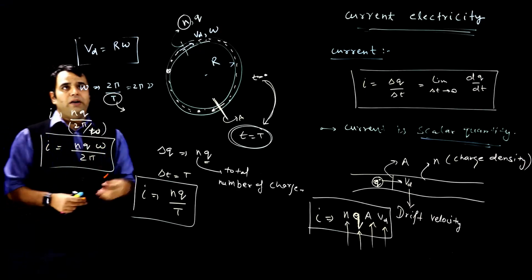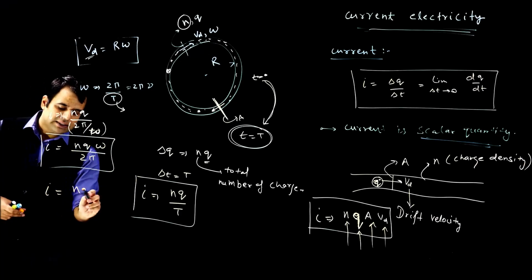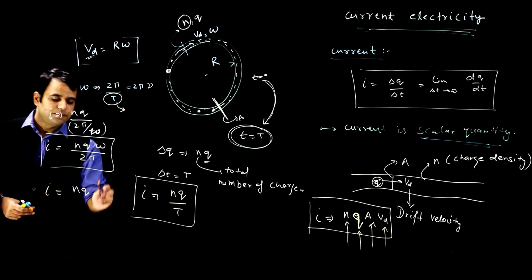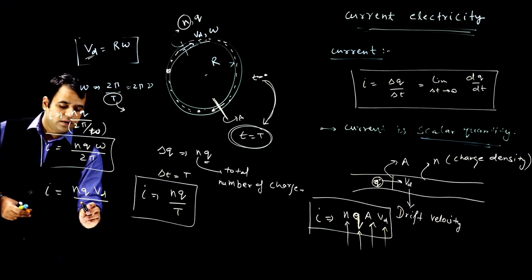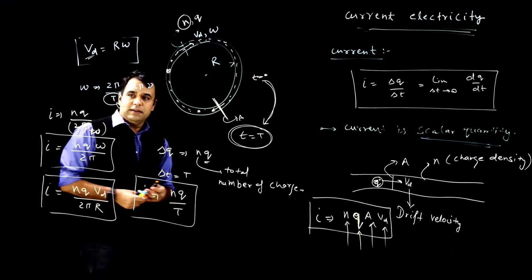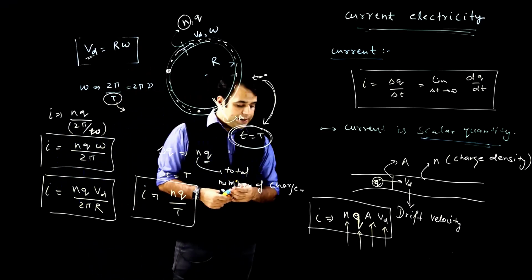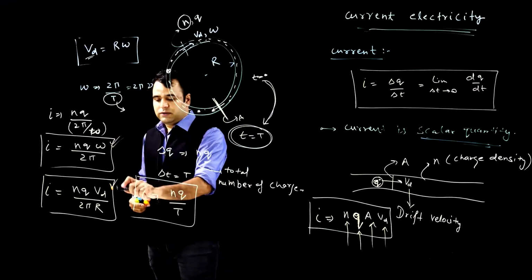Or if you want the value in terms of Vd, that also we can get. Then I will be equal to NQ Vd upon 2 pi r. That's how we can define the value. So this is the current in a circular motion.